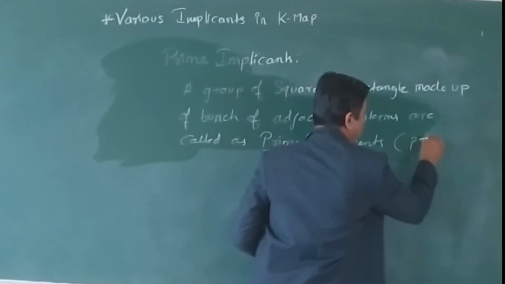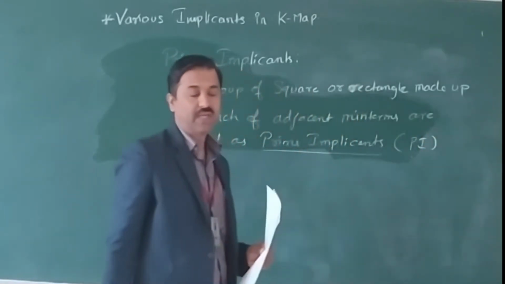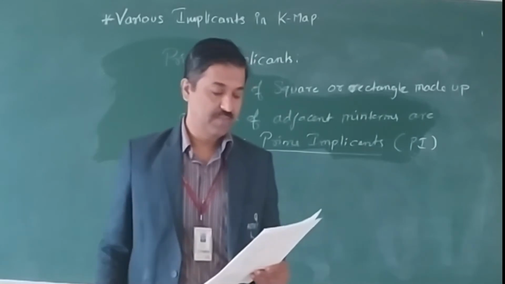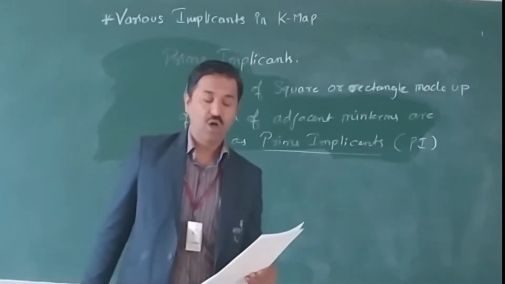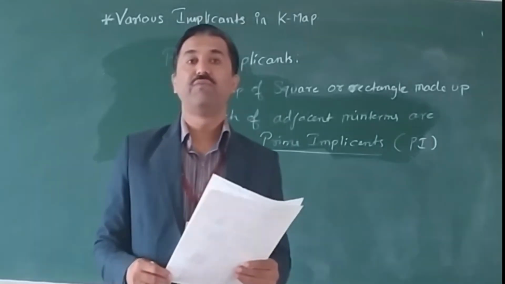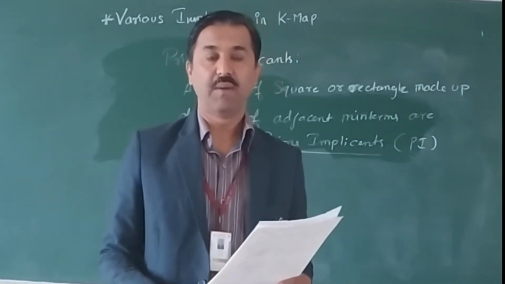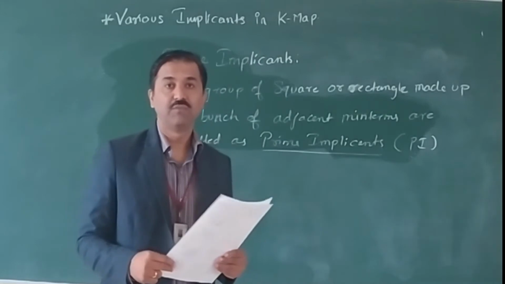In short, we call it PI. That is, all possible groups formed in a K-map.